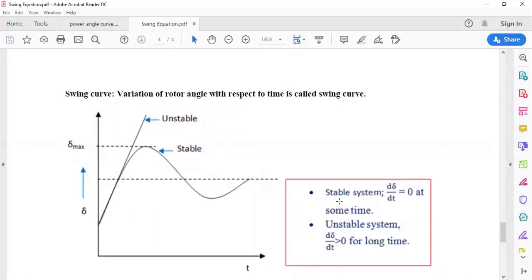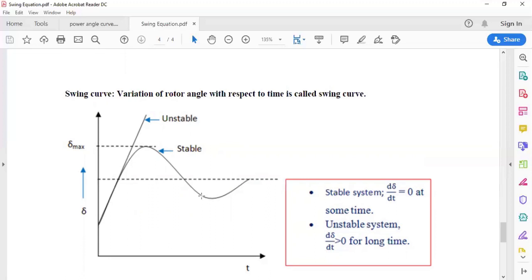As I said, for a stable system there will be no imbalance between mechanical and electrical power, so we will not get any acceleration or deceleration. Or from the curve we can say, when this equals 0, there is no change in delta with respect to time, that is a stable system.